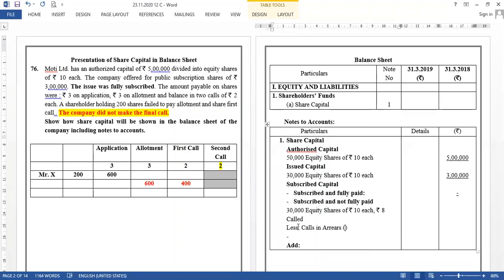That is 1,000. ठीक है, तो amount लिखते कैसे? तो 30,000 into 8, that could have been 2,40,000, correct? And then from there, I will deduct calls in arrears. Calls in arrears is rupees 1,000. Okay, so this could have been deducted.